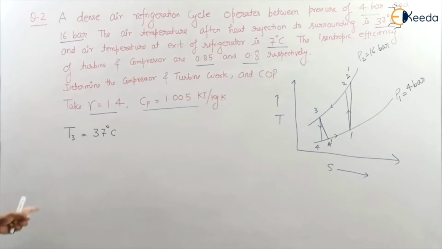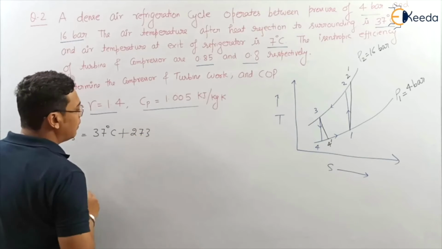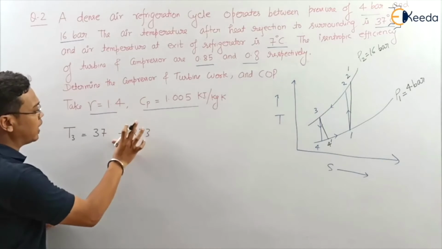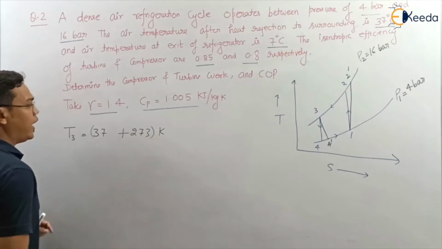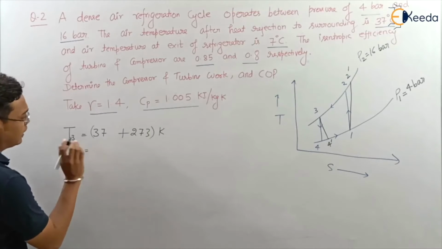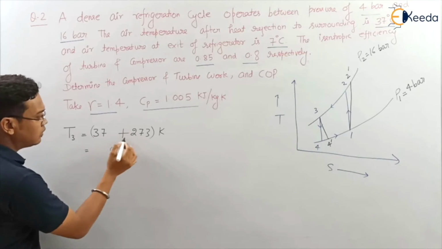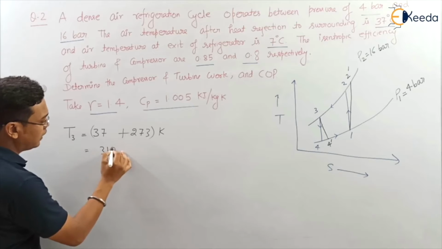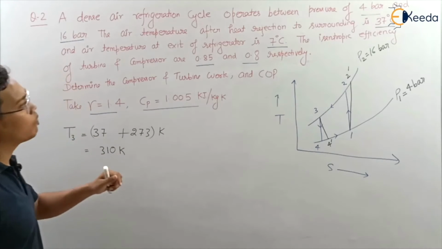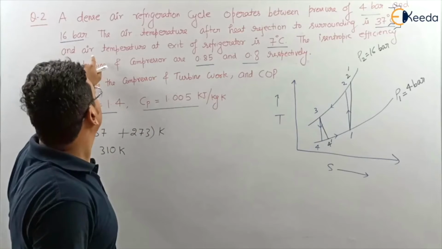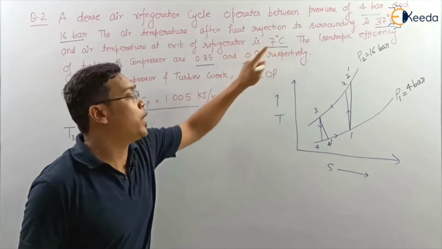Now you have to convert it into Kelvin. We will add 273, then it becomes Kelvin. So T3 is 310 Kelvin. Now, air temperature at the exit of refrigerator is 7 degrees Celsius.